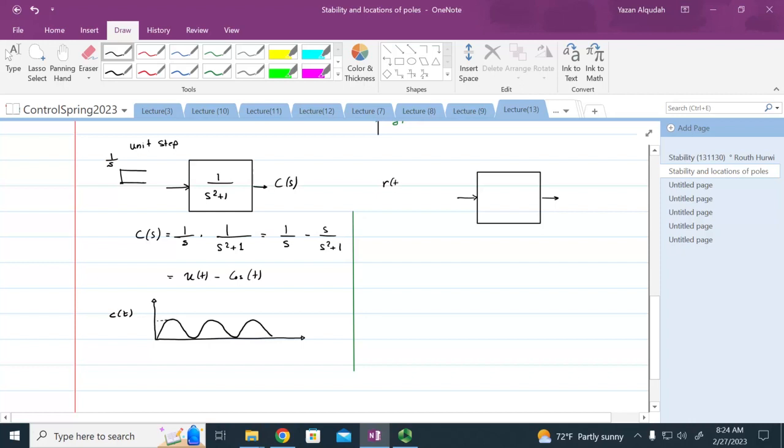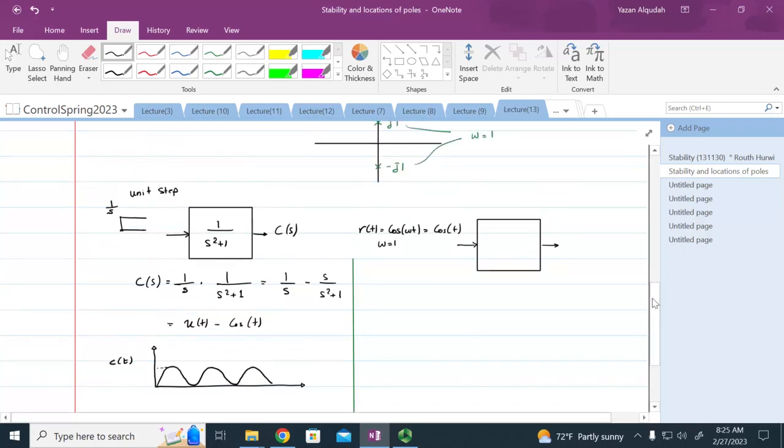So if we have r of t equal to cosine of t, what is the omega? Omega equal to 1. Since omega equals 1, it is equal to the location of these poles. So let's see what happens at the output.